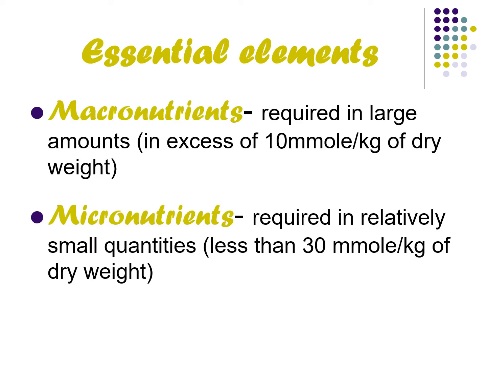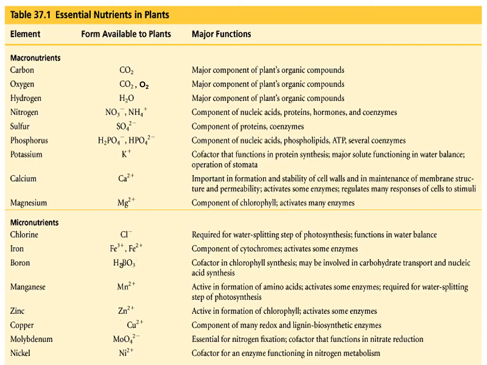Essential elements are composed of two types: the macronutrients, which are required in large amounts, and the micronutrients, which are required in relatively small quantities. Shown in this table are the essential nutrients in plants.